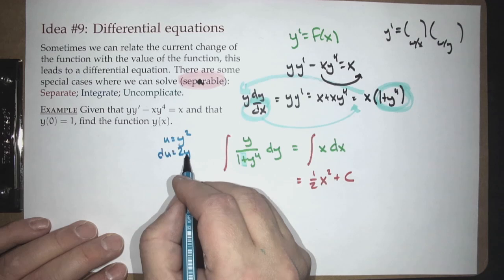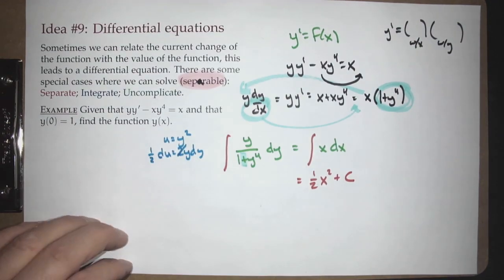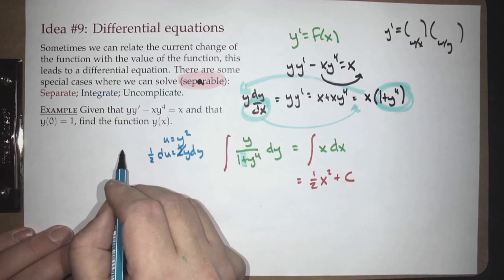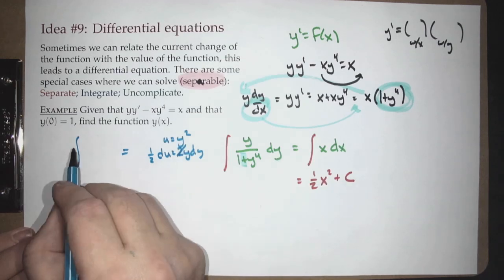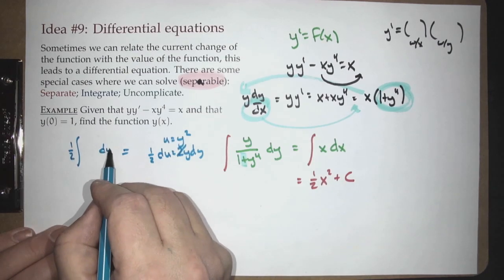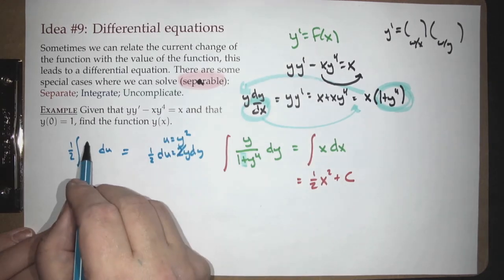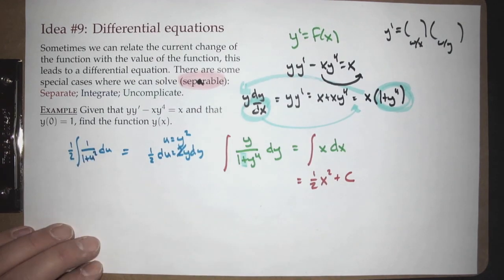So du is 2y dy. So we can then divide by the 2. So a half du is y dy. So if we do this, then this integral here would become y dy is 1/2 du. 1 over 1 plus y to the 4th becomes 1 over 1 plus u squared.